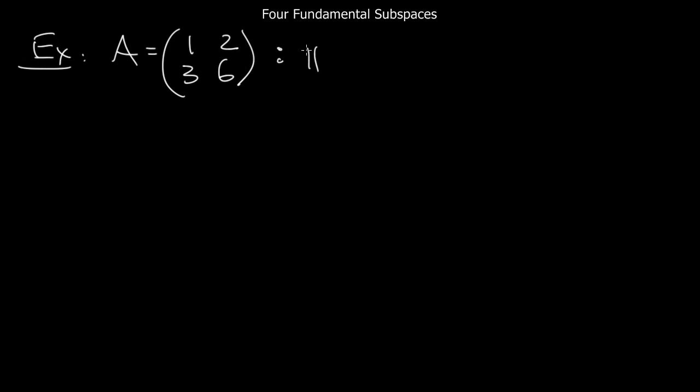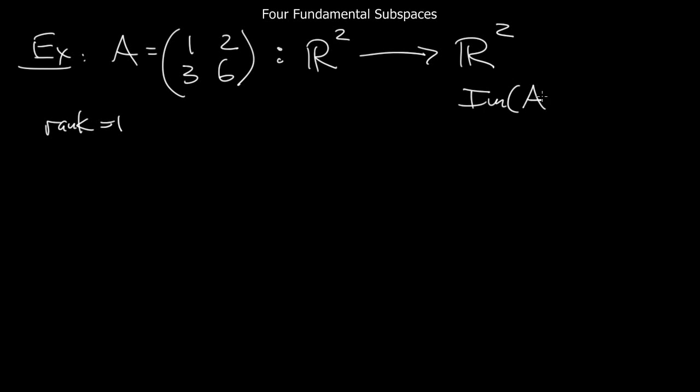Okay, so let's conclude with one last example. Let's take A to be the 2 by 2 matrix 1, 2, 3, and 6, which is a map from R2 to R2. The rank of this matrix, as everybody knows, is 1. So the image of A is one-dimensional, and it's the column space, which is the span of the single vector 1, 3.